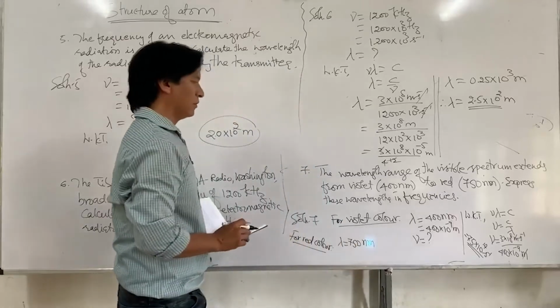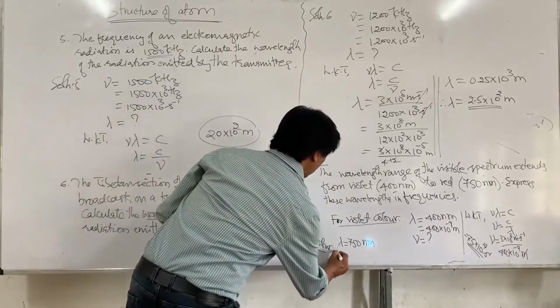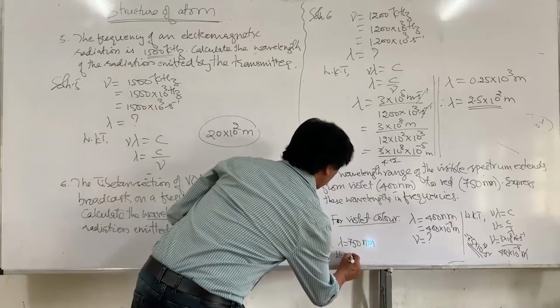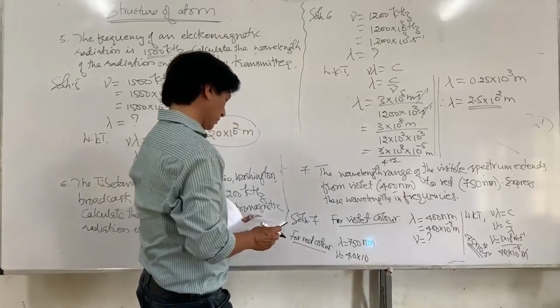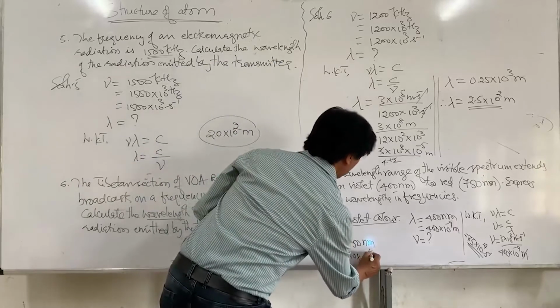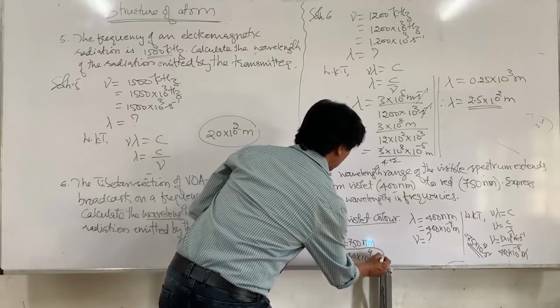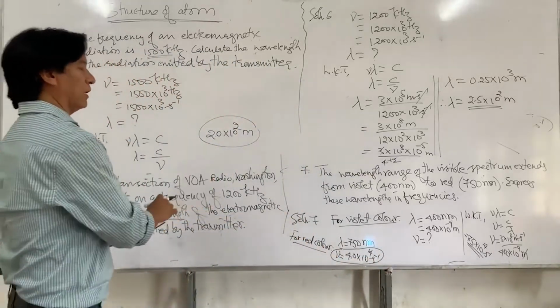And the answer I've got for the frequency is 4.0 into 10 raised to the power 14 per sec. So you must get this as the frequency for the red component of your visible light.